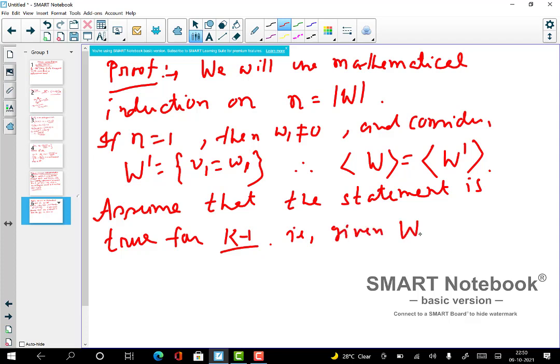So let me write down the symbol W k minus 1, which is W1 to W k minus 1.